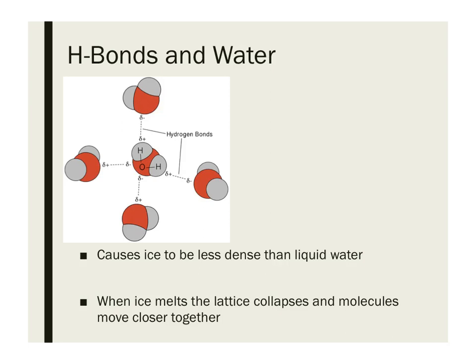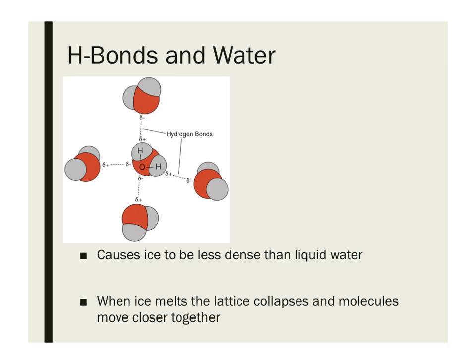Ice forms as there are more intermolecular forces, more hydrogen bonds, and hydrogen bonds are strongest at a certain length. And so when water freezes, these hydrogen bonds actually push the molecules a little farther apart than you would expect, and so ice expands.